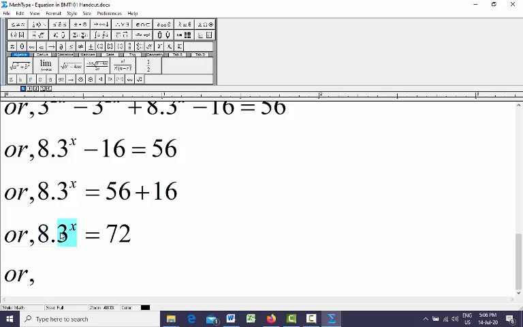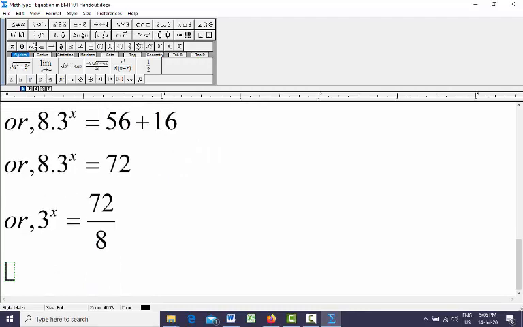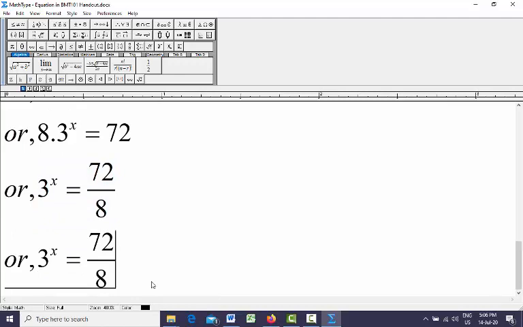So we will have only 3 to the power x here, equal to a fraction, that means 72 divided by 8. So we will have 3 to the power x is equal to 72 divided by 8.